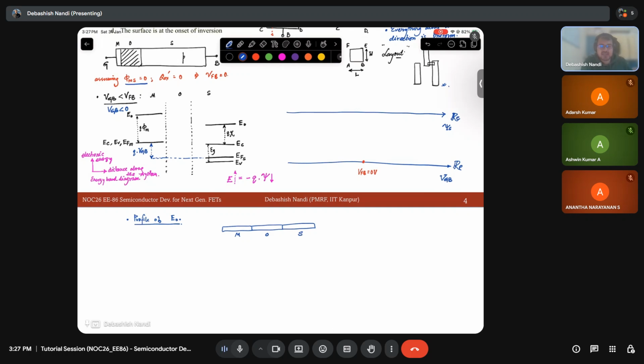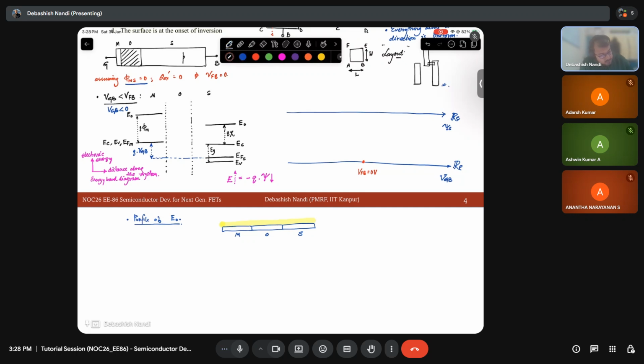Fine. This is the physical device, let's say. So where is your Fermi level? Where is your vacuum level? Your vacuum level is somewhere here on top of the entire system. It is not part of the system, right?